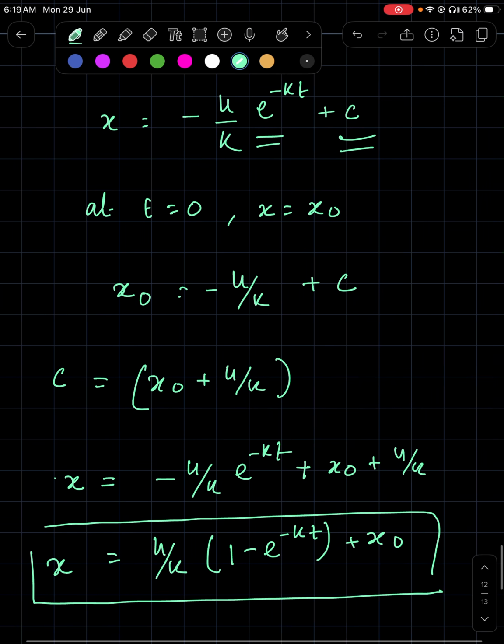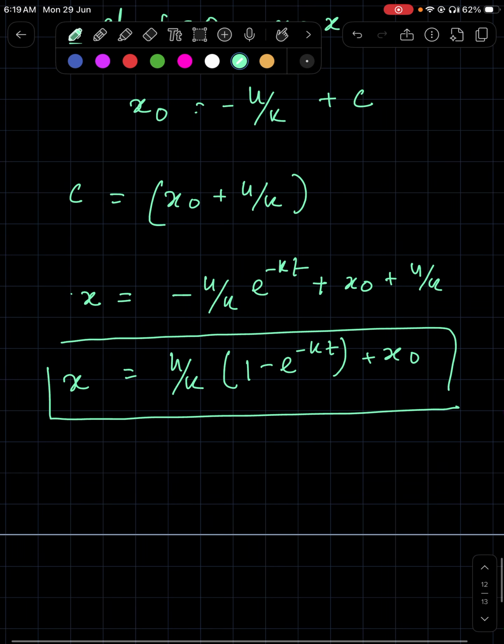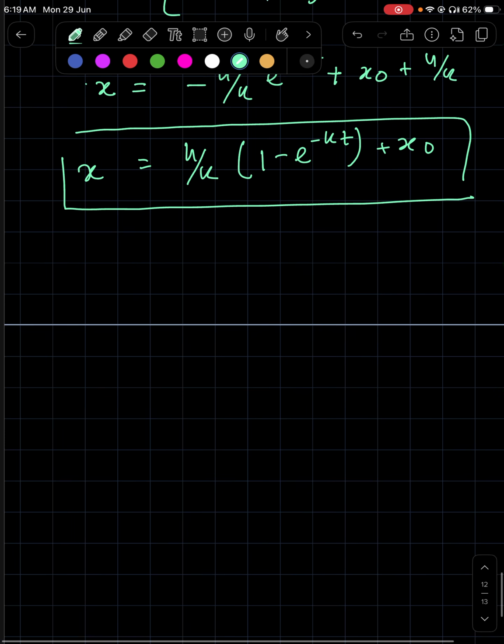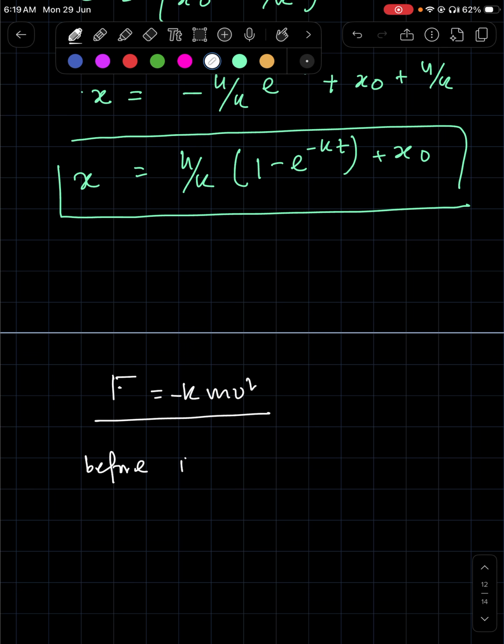Okay, so its velocity is decreasing. Now the question is, what is the distance it travels before being stopped? In the initial case, we found that when F equal to minus kmv square, before it stops, it travels infinite distance.